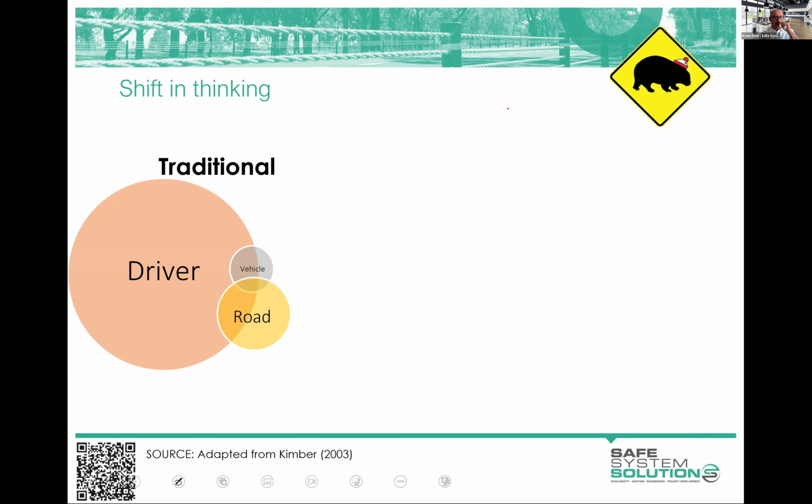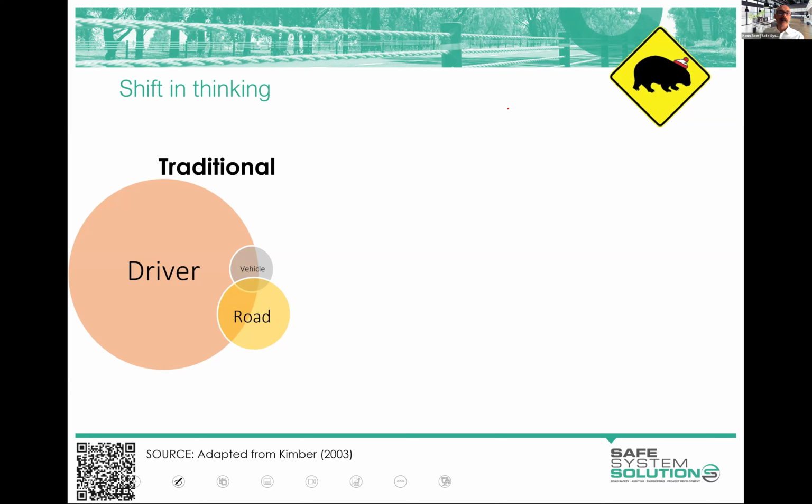And what they discover is that driver error, and this 2003 Kimbler study was around drivers, so that's why it says driver. It applies fairly much the same with other road user error as well.